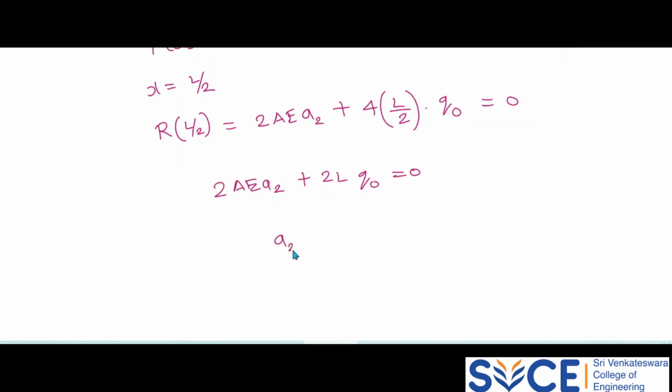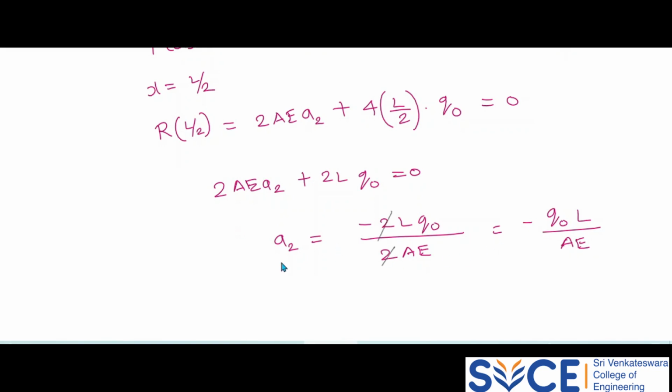So a2 is equal to minus 2L q naught divided by 2ae. Cancelling these, I will get a2 is equal to minus q naught L by ae. Okay, so this is my answer.